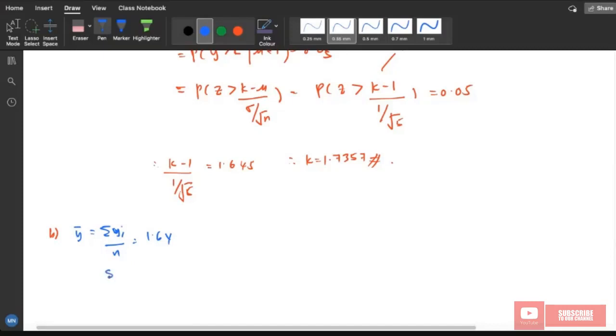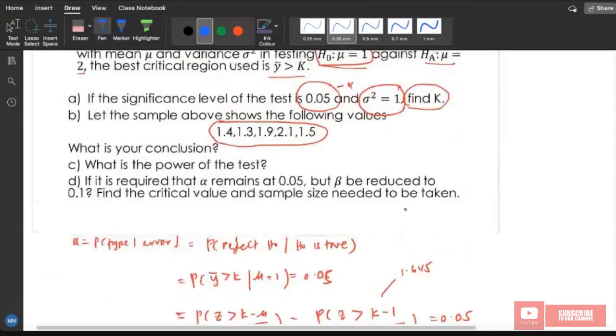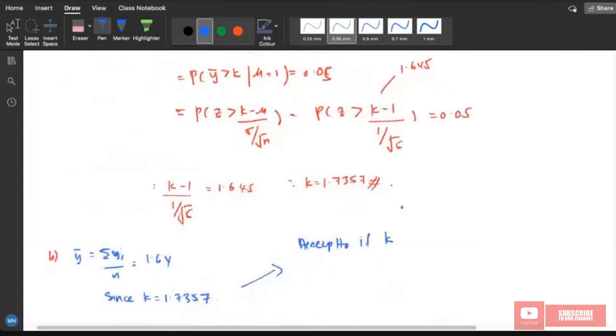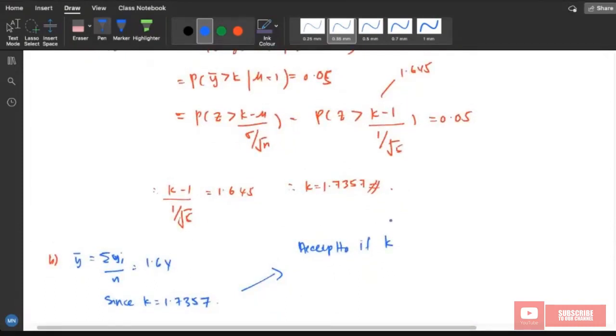So since k is equal to 1.7357, remember the rejection region. We accept null hypothesis when k is less than 1.7357.